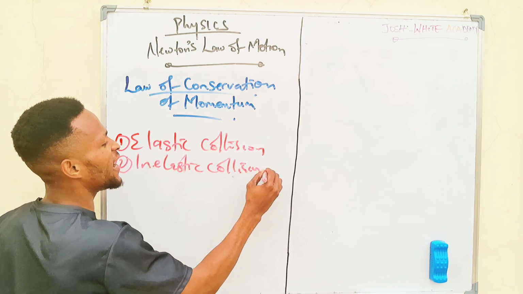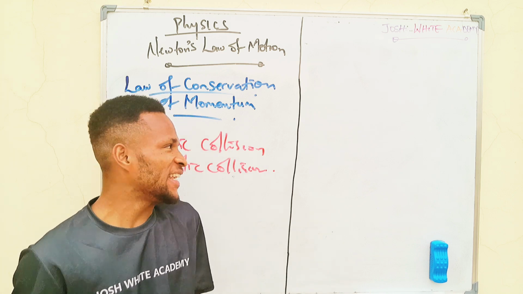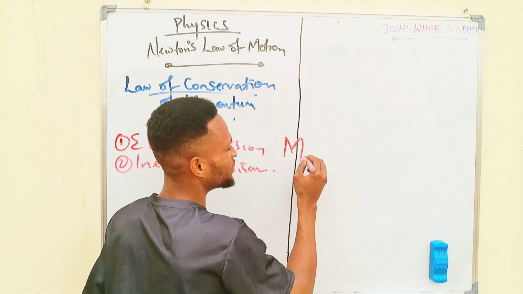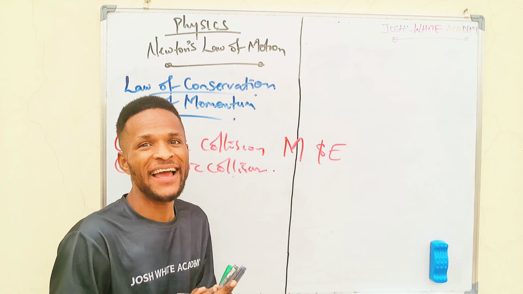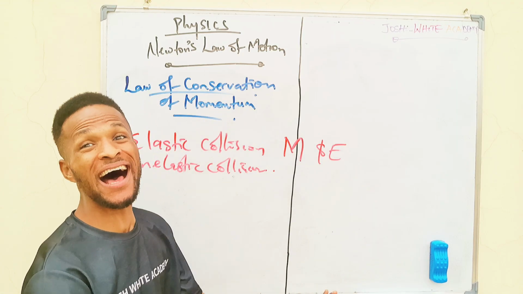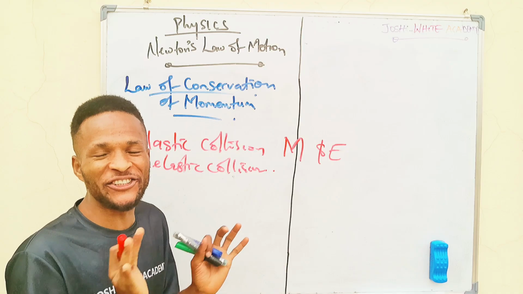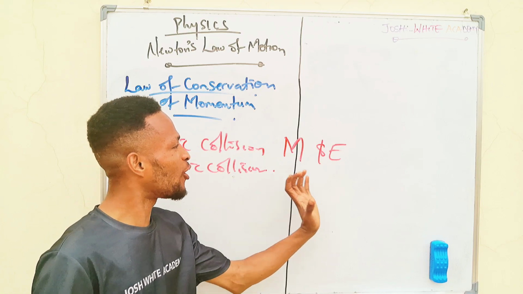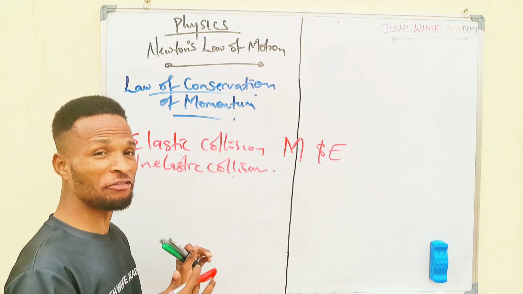A collision is said to be elastic if the momentum and energy are both conserved. That means there is no change in momentum or energy between the before and the after.